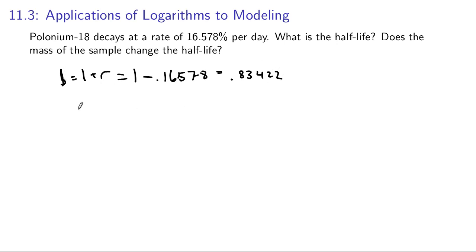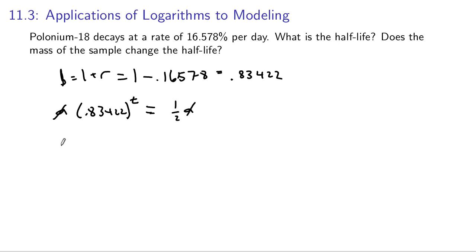So to find the half-life now, we know 0.83422 to the days, if t is in days, times some initial value would be the current quantity. And so it'll have half of that quantity when it equals that initial quantity times 1/2. So if this were a, when it's 1/2 a, and the a's cancel like we saw in the examples.